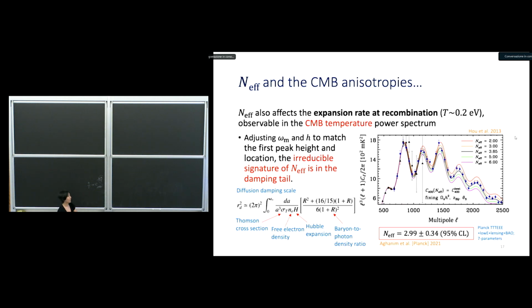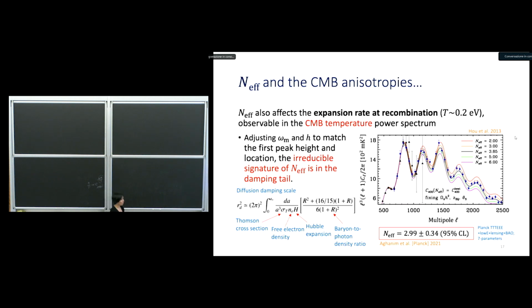The diffusion damping scale has a rather nice expression that looks something like this. It depends on the Thomson cross-section and the free electron density, which makes sense because your photons are diffusing, and you want to know the mean free path. Then you have the Hubble expansion rate, H, that enters into the expression, so that depends on N effective. That's how N effective affects the diffusion damping scale.